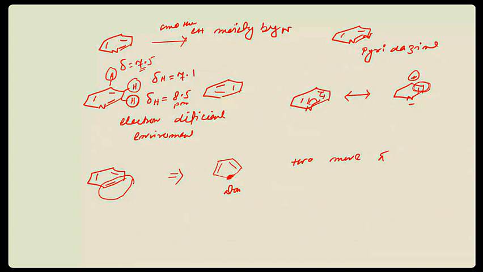If we have a p orbital here, let's say, and that has 2 electrons, it means it's equivalent, as if these 2 electrons are equivalent to these pi bonds. That's why we need 2 more electrons in pure p orbitals.